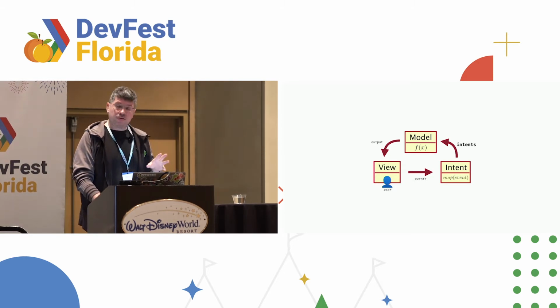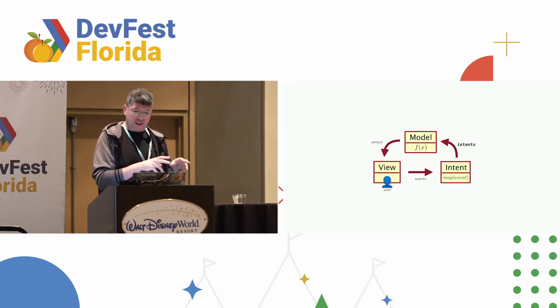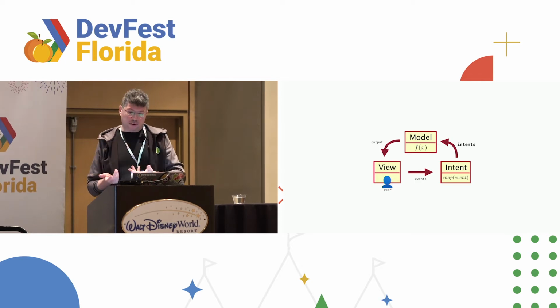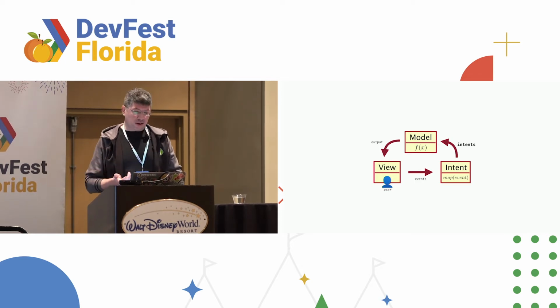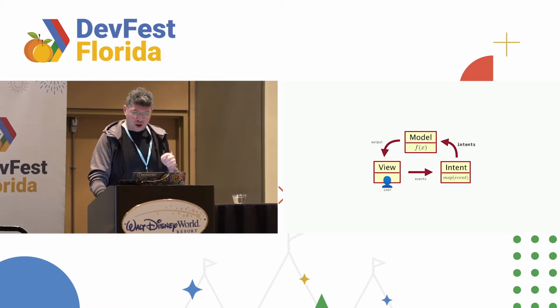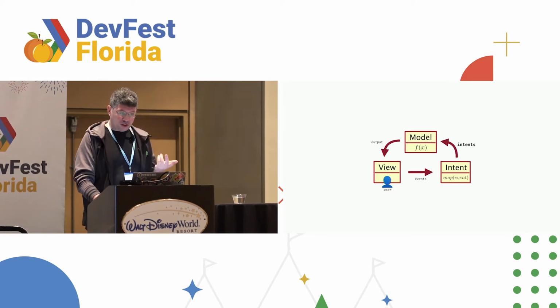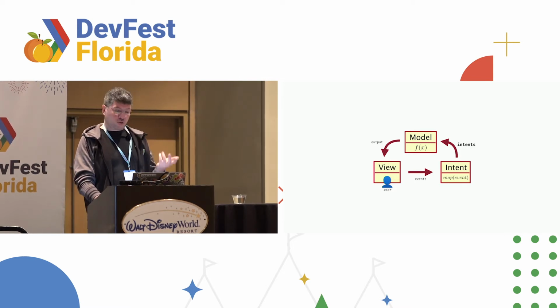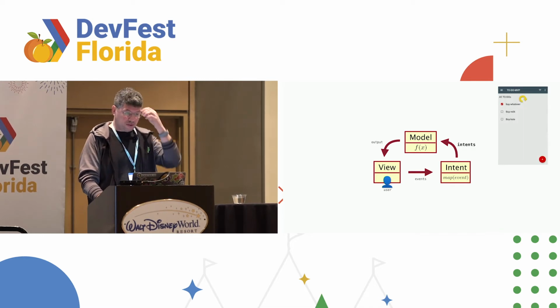The next layer is what will map each of these view events into something that makes sense to the model. So we call these intents, again. So if you imagine, for example, that the user pulls to refresh on the screen. So a pull to refresh event is going to be emitted from the view, and that's going to be transformed into an intent that would be something called the refresh list intent.